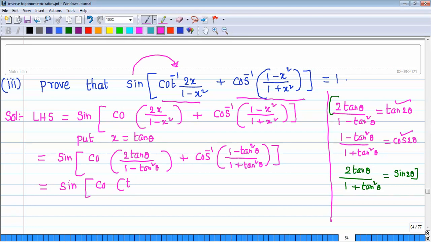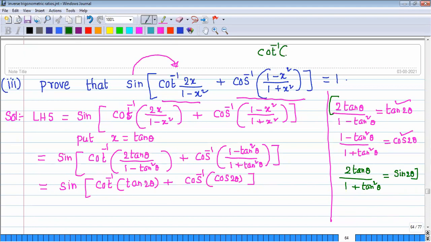So we can write this as cot inverse of tan 2 theta plus cos inverse of cos 2 theta. Here again two formulae need to be applied.